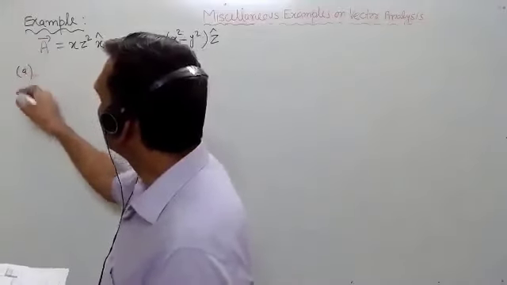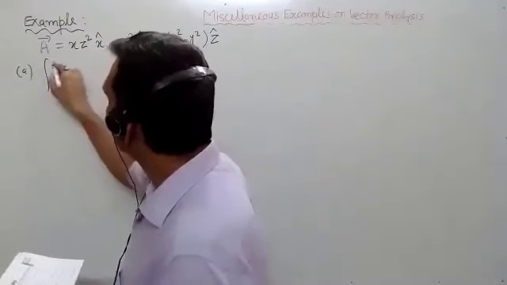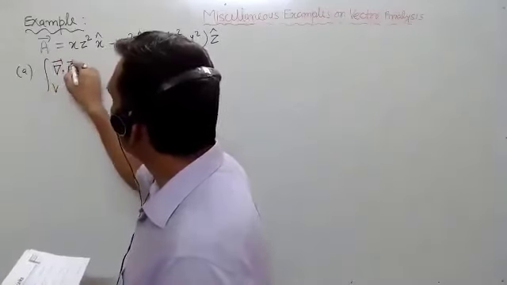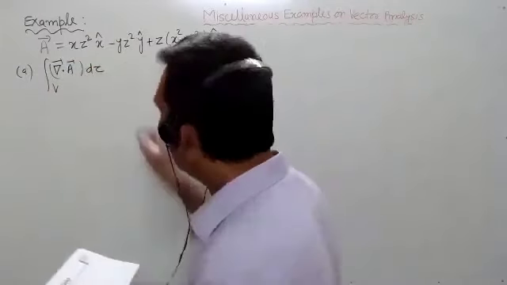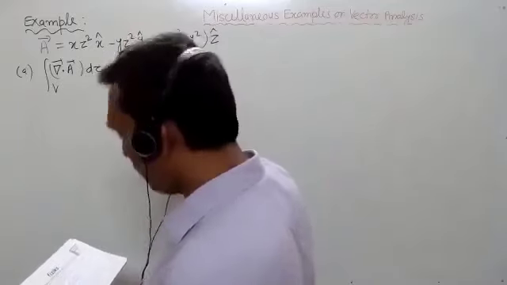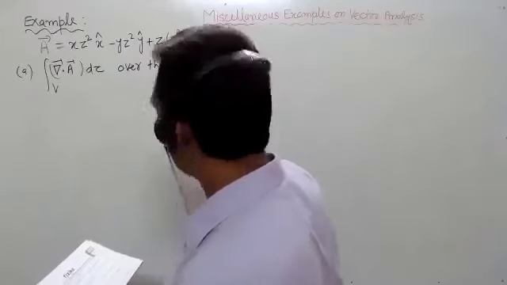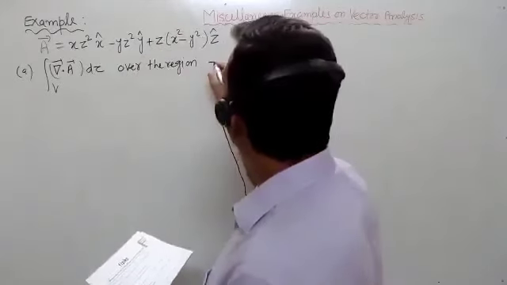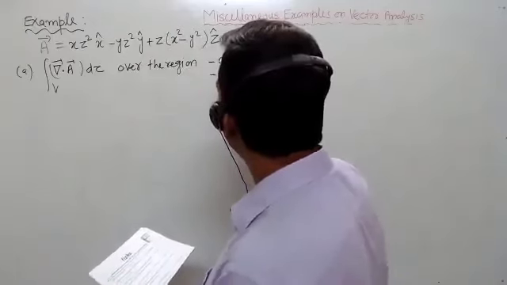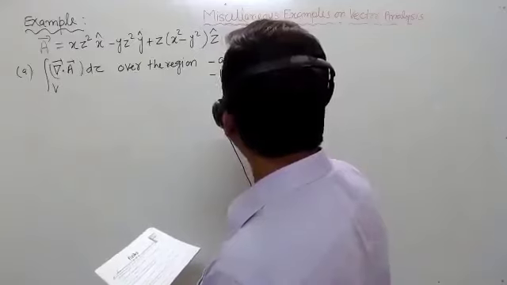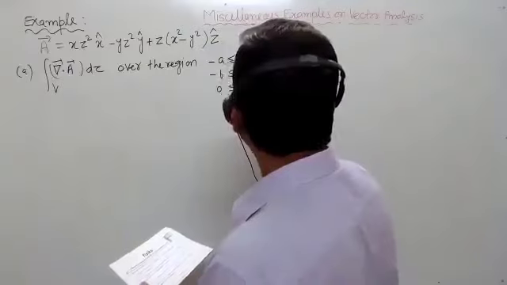So first part, find the volume integral of divergence of A d tau over the region where x varies from minus a to a, y varies from minus b to b, and z varies from 0 to c.